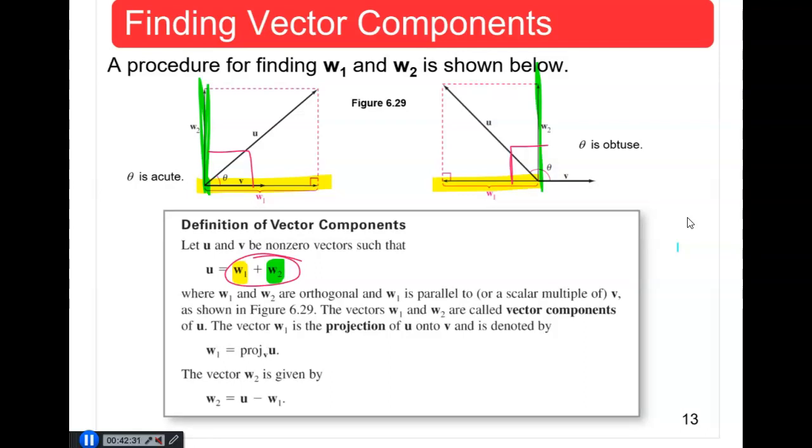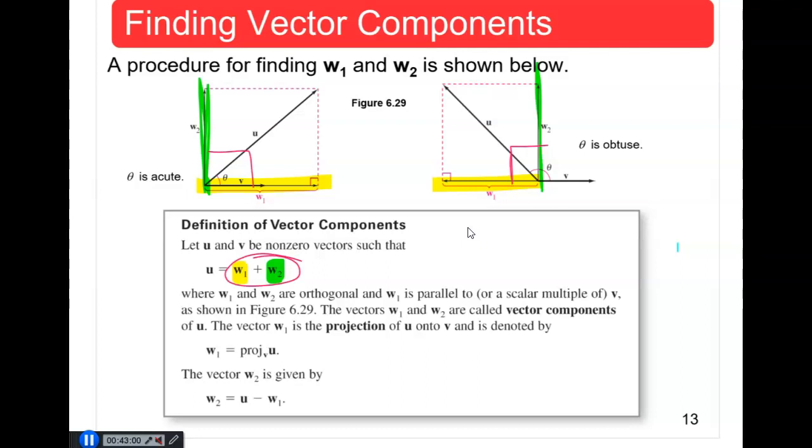It says here that w sub 1 and w sub 2 are orthogonal. Remember, that means a 90-degree angle between them, or also the dot product will be 0. Another thing that comes from using this method and the formula is that w sub 1 is parallel to vector v.